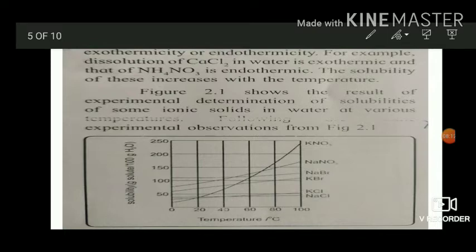For example, dissolution of CaCl2 in water is exothermic, and that of NH4NO3, ammonium nitrate, is endothermic. Means, it is not always true.